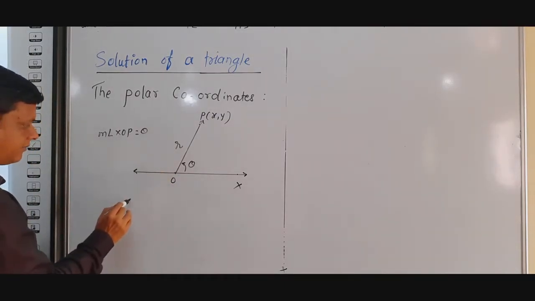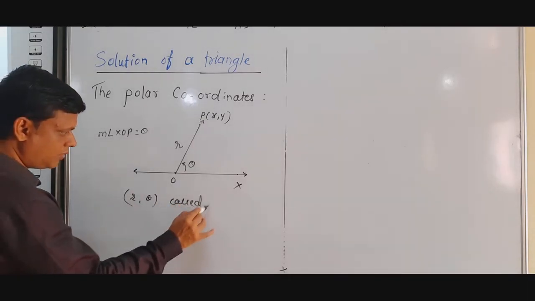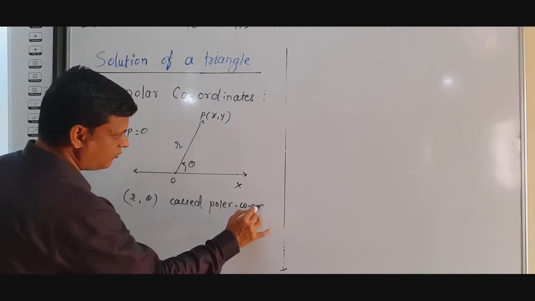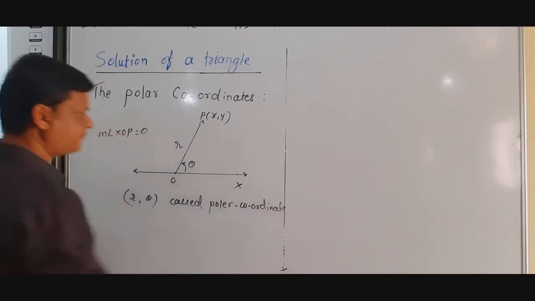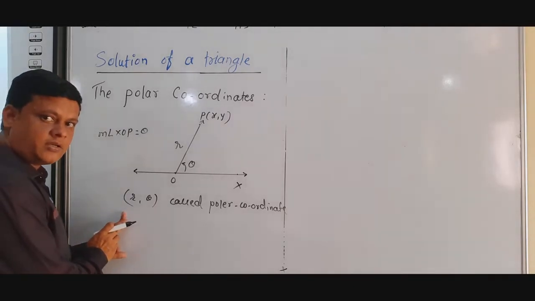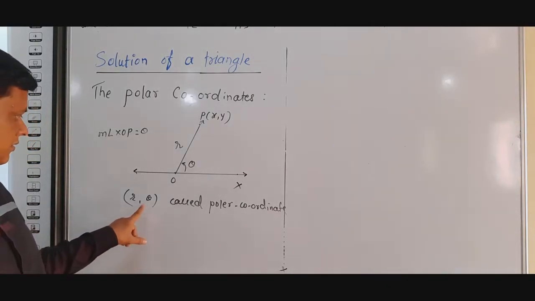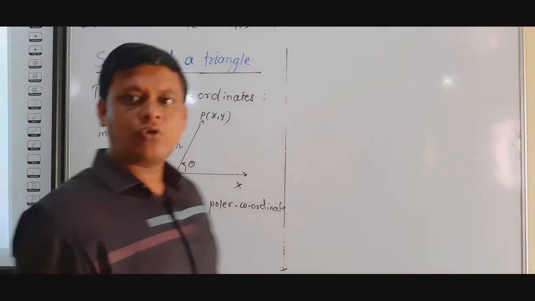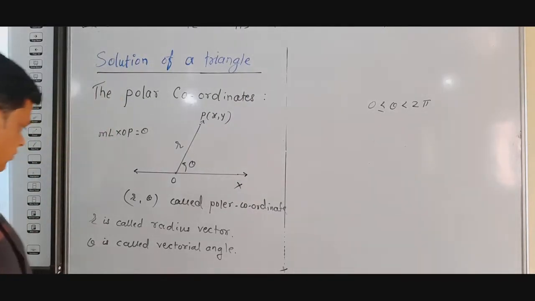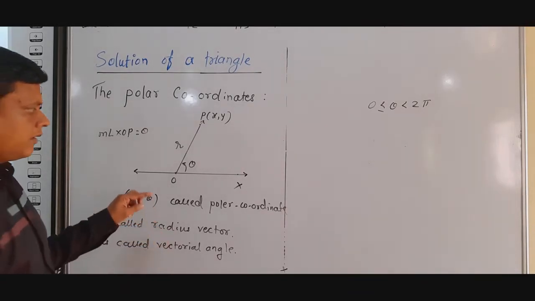Here this r, theta is called the polar coordinate. r is called the radius vector, theta is called the vectorial angle.